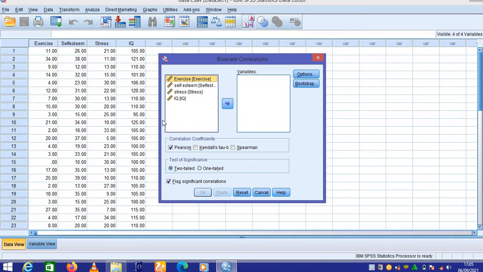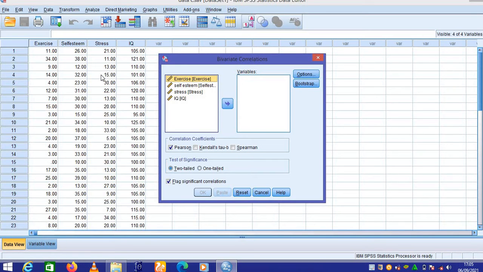In some of my videos, we had already treated how to test for normality using Kolmogorov-Smirnov, Shapiro-Wilk, QQ plot, histogram, and the normality curve. So you have to carry it out and check whether they are normally distributed.